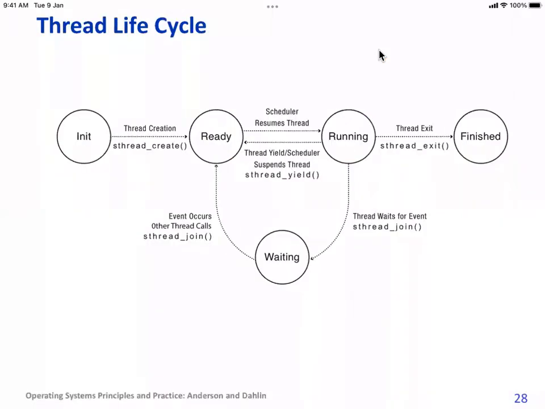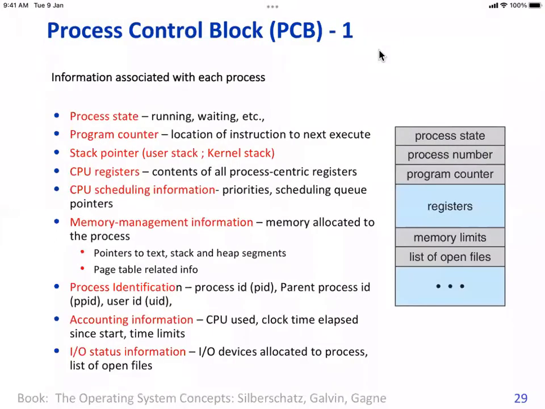All right, a similar life cycle exists for each thread. It's exactly similar, and transitions are also very similar. Then we have seen that process state has to be stored, because once a process moves out of the processor, all the information must be saved somewhere such that it can be restarted from that point onwards. And we have seen there's something called PCB. Now different OS call this structure by different names. PCB is generally old terminology.